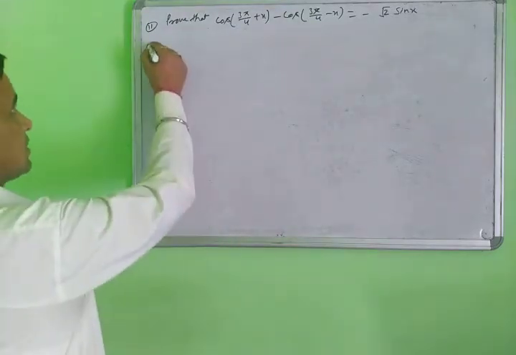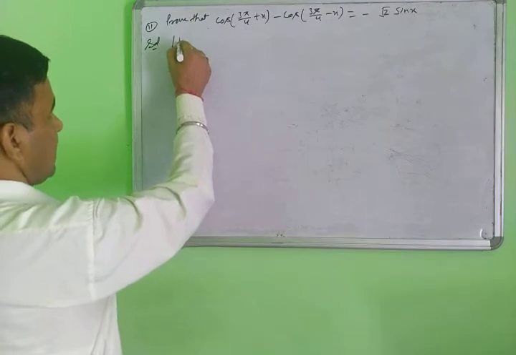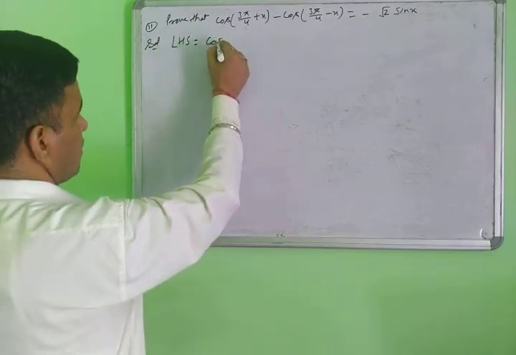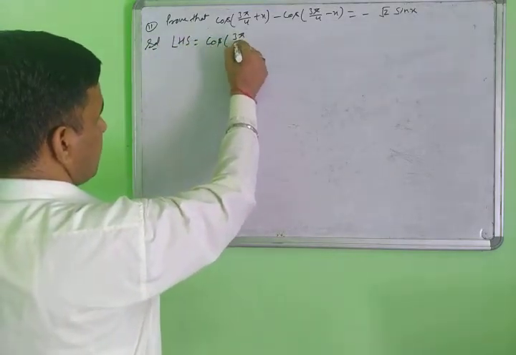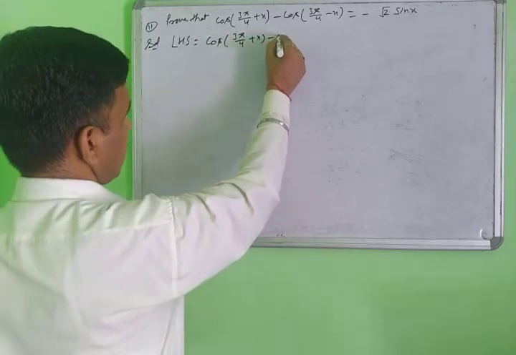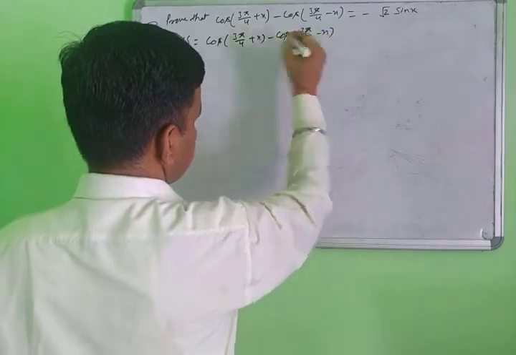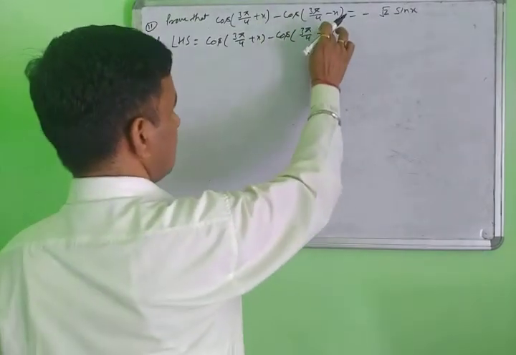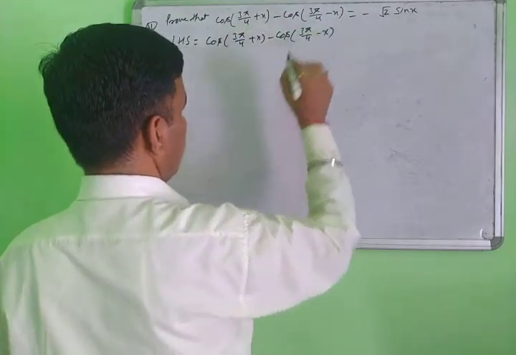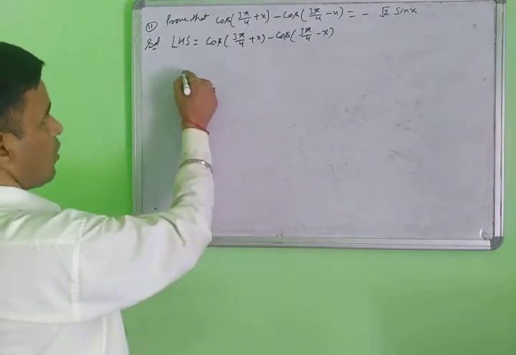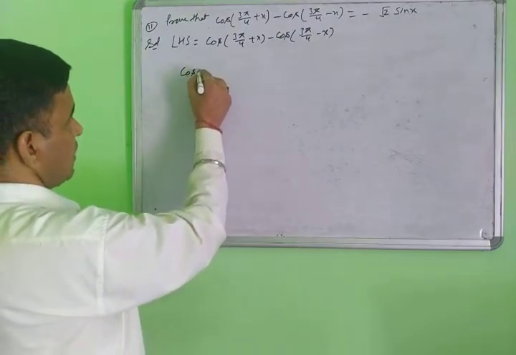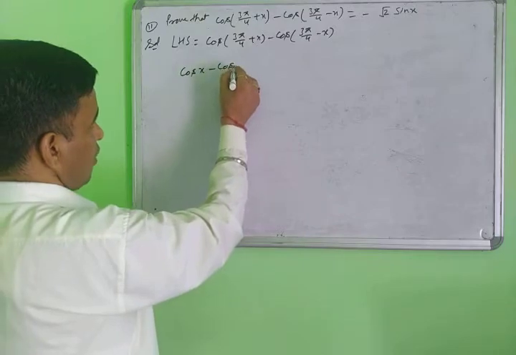Yes, start the solution. First the LHS: cos(3 pi by 4 plus x) minus cos(3 pi by 4 minus x). Here you have the identity for cos x minus cos y.